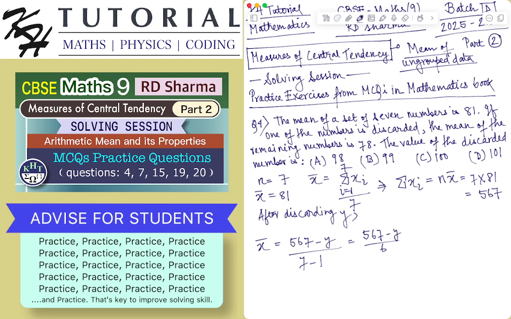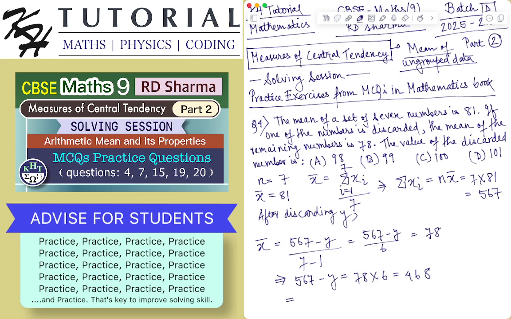After the number was discarded, the mean is given to be 78. So we get a linear equation in y: 567 minus y divided by 6 is equal to 78. Cross multiplying, 567 minus y is equal to 78 multiplied by 6, which is 468.